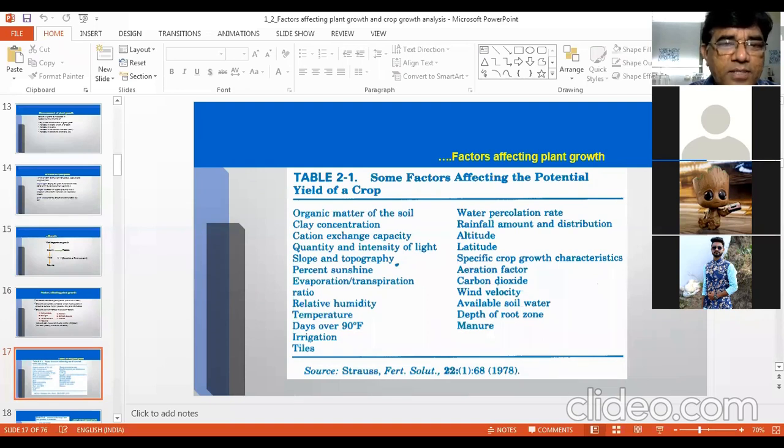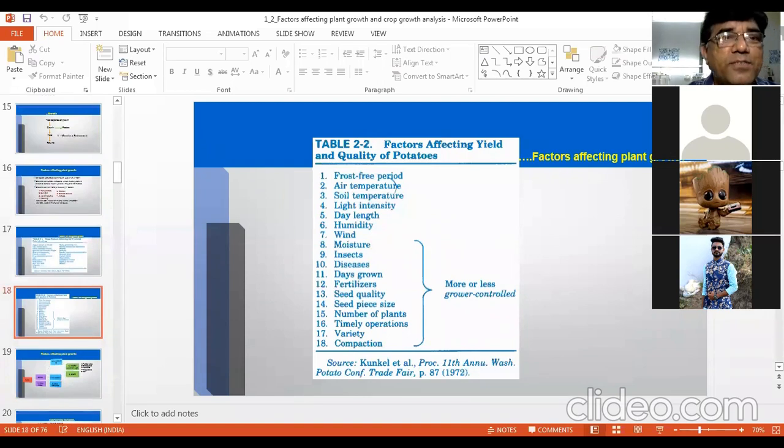Then quantity and intensity of light, slope and topography, percent sunshine, evaporation transpiration ratio, RH, temperature, degree days, irrigation, water, and so on. So you can see a long list of factors that can affect the growth or yield of the crop. Normally the factors affecting growth will ultimately affect yield, so the factors affecting growth or yield are the same or almost the same.